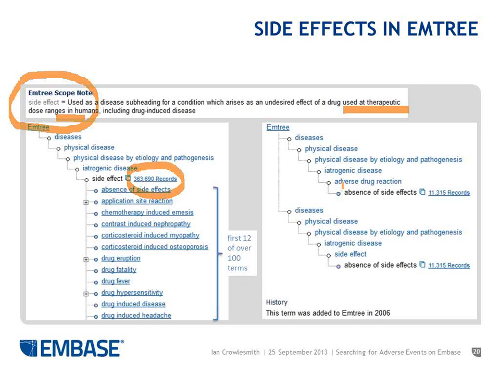One of them, which I thought was quite interesting to draw your attention to, is the term absence of side effects. You see it's listed as a narrower term of both adverse drug reaction and side effect. And this can be useful if you're looking specifically for that particular topic. You're interested in articles which are looking for side effects, but where none were found.